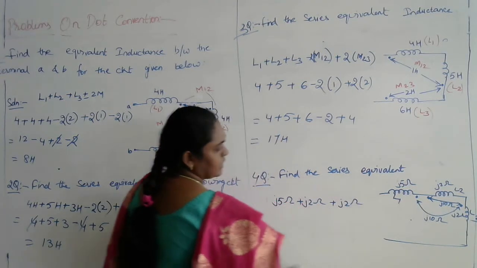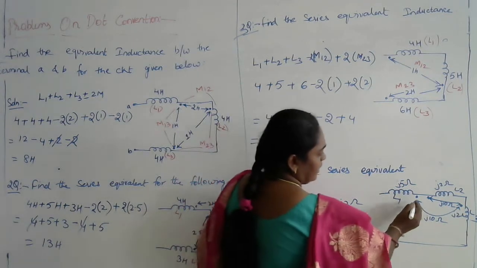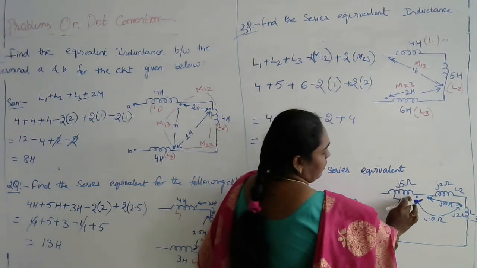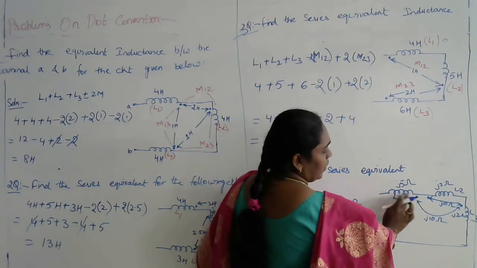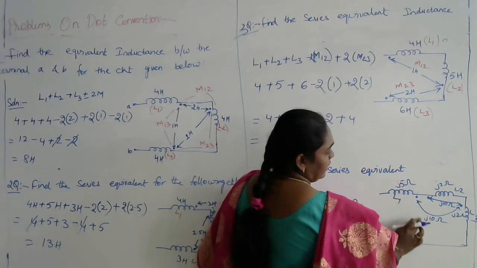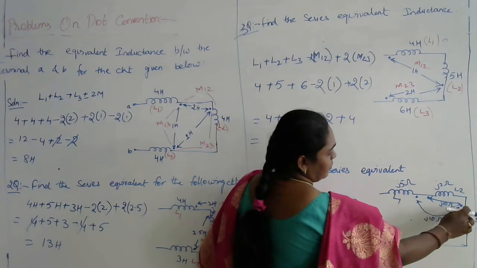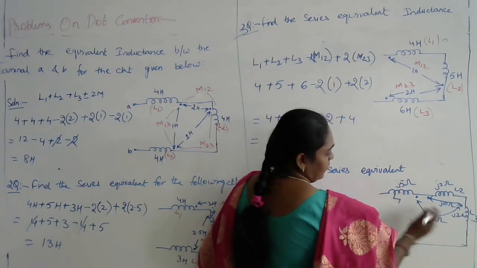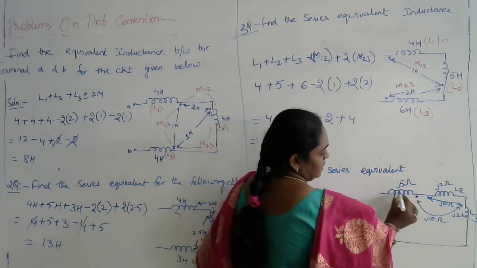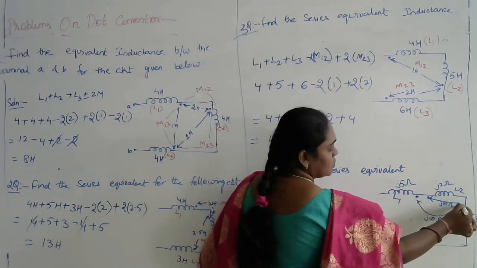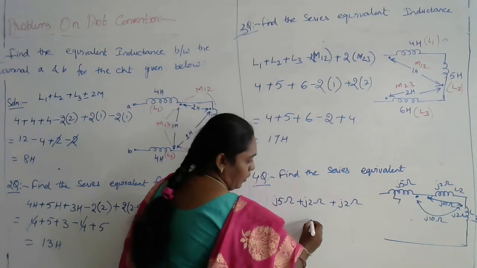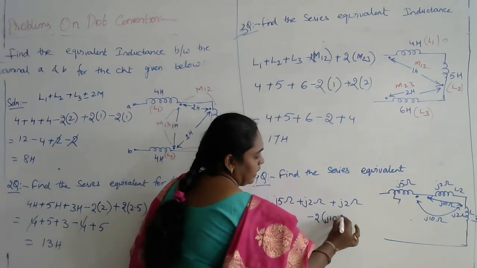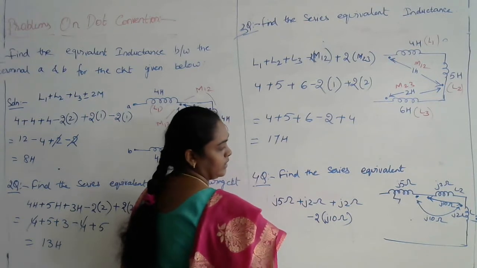All these three are self-inductance values. The first dot is present after the coil, that is, the current is flowing from coil to dot, and it is related to the third one, where the current is flowing from dot to coil. So they are opposite, and here it is minus 2 into j10 ohms. This is the first mutual inductance value.